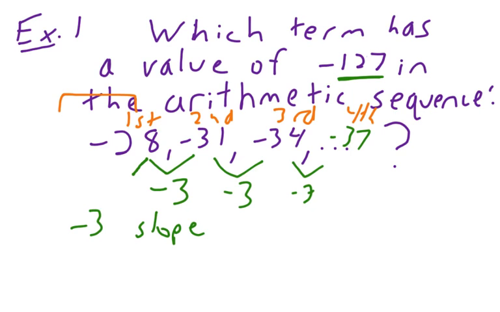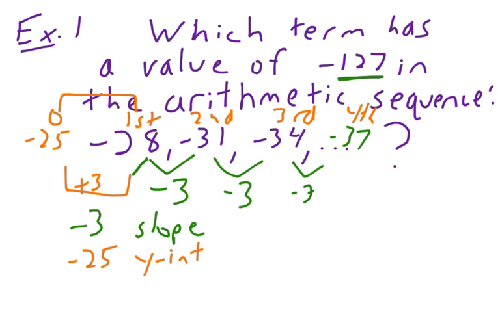So if I go back 1, that's my zero term, and just take that pattern backwards. And if we're going backwards, the inverse of subtracting 3 is adding 3. So if I add 3 to negative 28, I'm left with negative 25. So negative 25 is actually going to be my y-intercept.